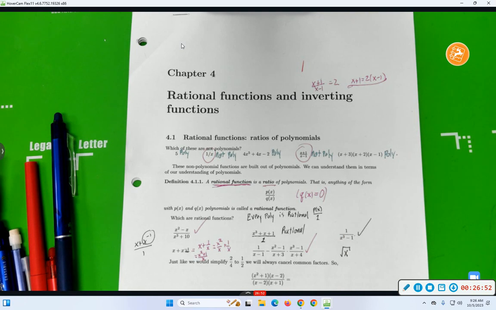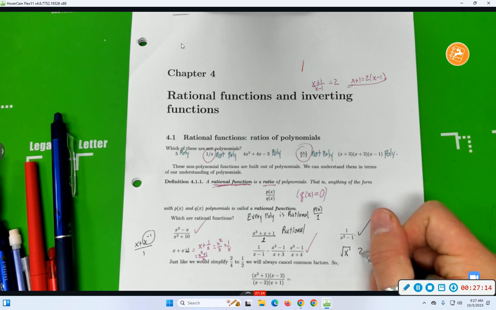What about the square root of x? Is that a rational function? Can you write that as a polynomial divided by a polynomial? Any folks want to say yes? Any folks want to say no? Okay. Maybe I'll ask for intuition this way.